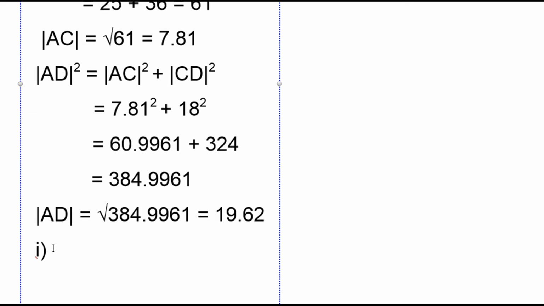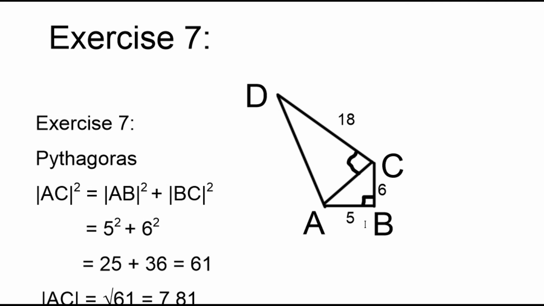Now let's find the perimeter. That's the first question we are asked. Perimeter ABCD is equal to what? The perimeter will be this distance, AB plus BC plus CD and plus what? DA.